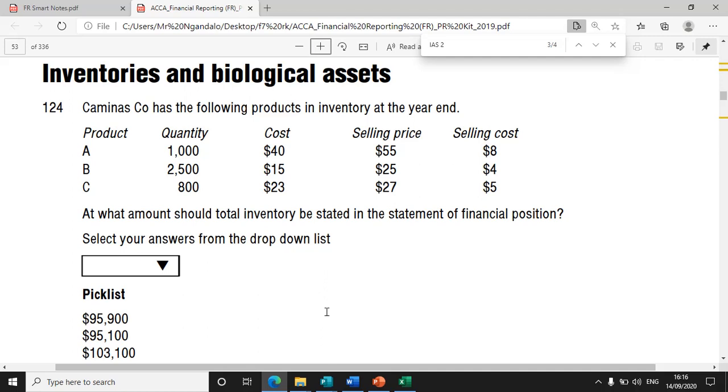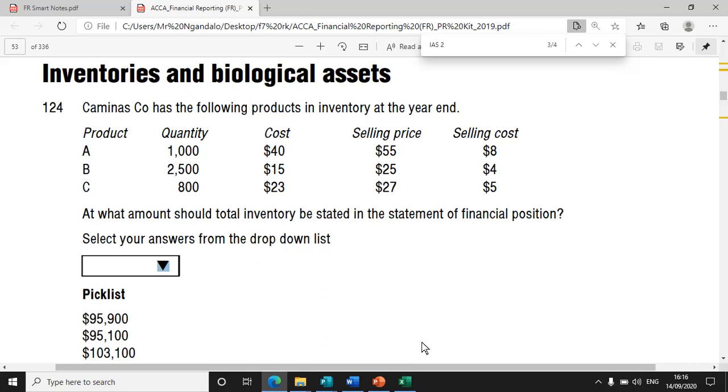At what amount should total inventory be stated in the statement of financial position? Select your answer from the drop-down list. So if you're in the computer environment, you have to click on that arrow or sign, and then select the answer. Pick the answer that is correct.